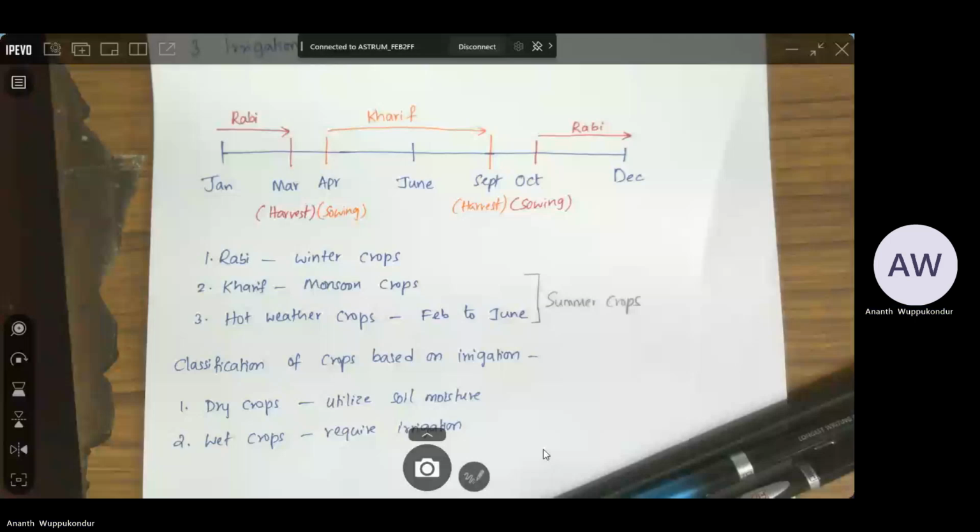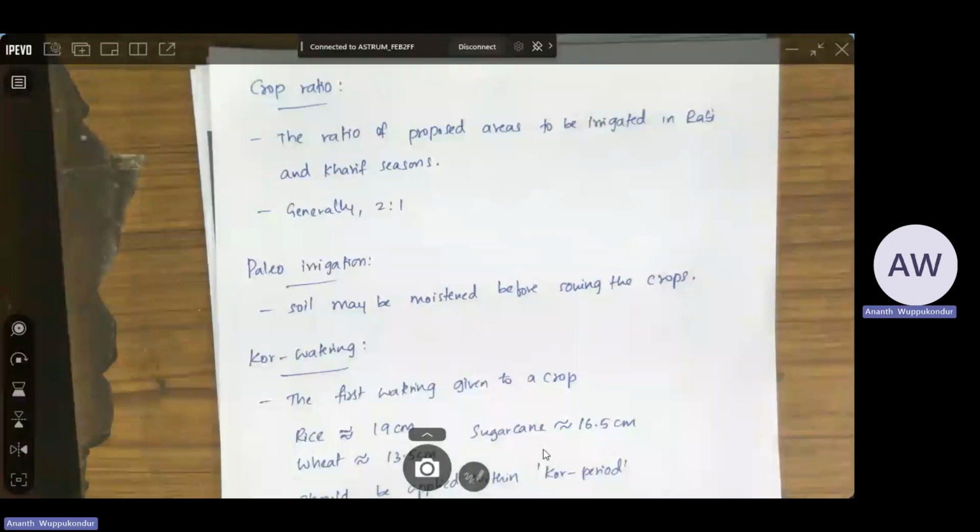So let's say they are starting their agriculture in February, and they do the harvest before June or July. Together, Kharif and hot weather crops are called summer crops.